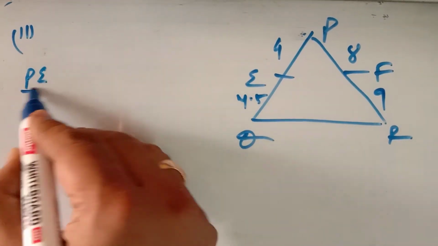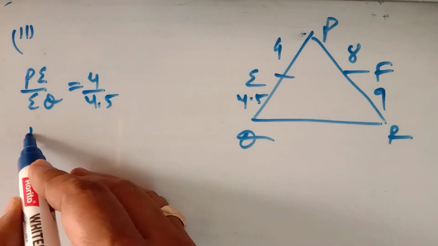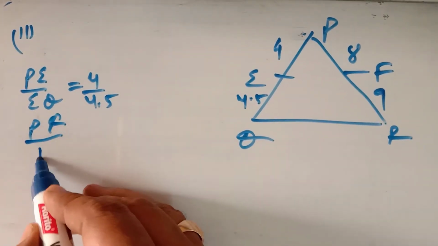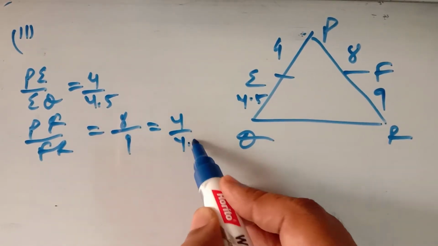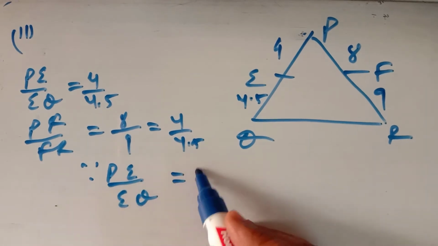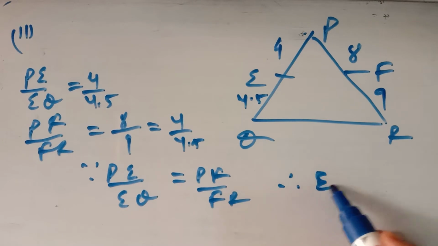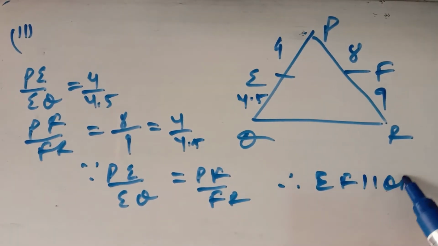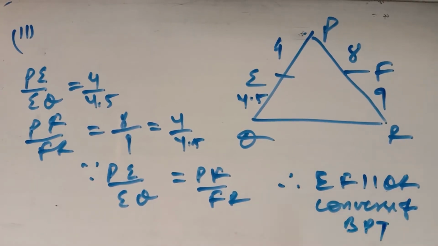So again PE upon EQ you find, it is 4 upon 4.5 and PF upon FR is equal to 8 upon 9, that is 4 upon 4.5. Because PE upon EQ is equal to PF upon FR, we can say that EF is parallel to QR by converse of BPT. Converse of BPT: if the ratio is same, then the line is parallel.